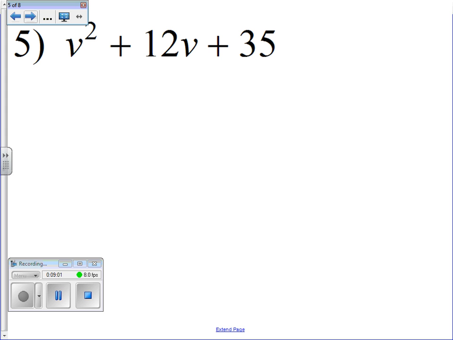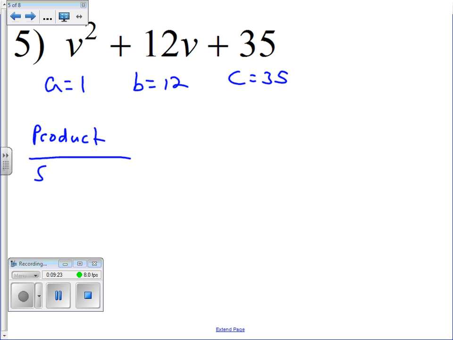Okay, so here the A is 1 again. B is 12. C is 35. Since A is 1, I'm going to do the product sum, or at least try to.